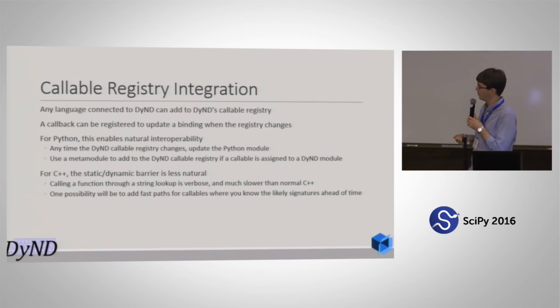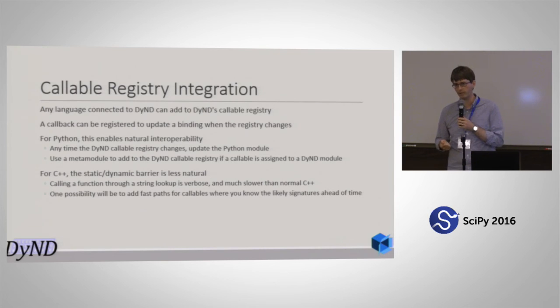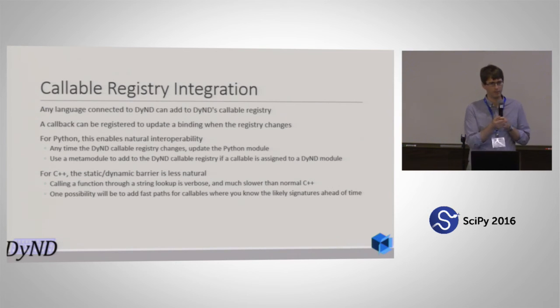So you do a string lookup in the callable registry, and you get a callable, then you can call that. It's going to be fairly slow looking things up by string and a little bit annoying. So we've got ideas for how we might add a fast path when, you know, sine is always going to support the float type. So why not have a short circuit where we pre-process the sine function and let you get there quicker.